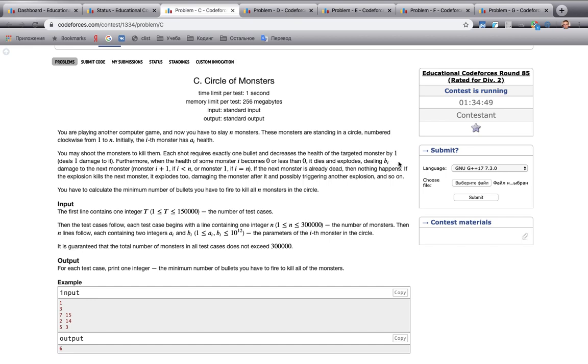We can pay 1 and decrease the health of a monster by 1, and when the health becomes not more than 0, the monster dies and explodes and deals b_i damage to the next monster in the circle. And we want to calculate the minimum sum we have to pay to kill all the monsters.